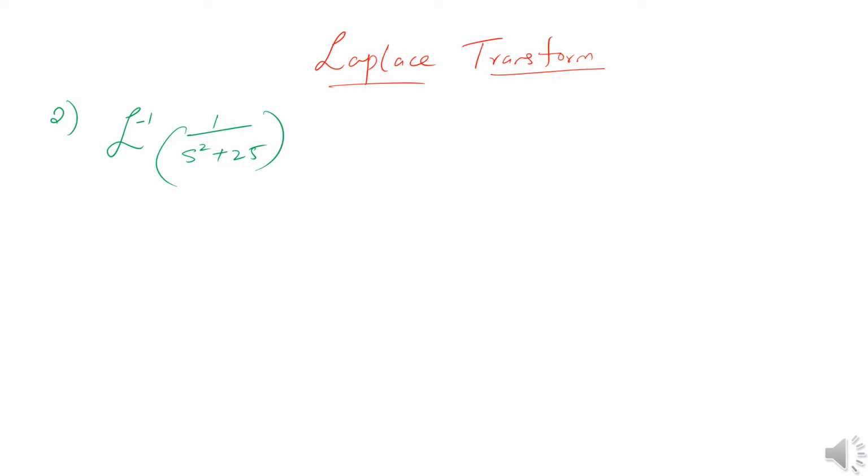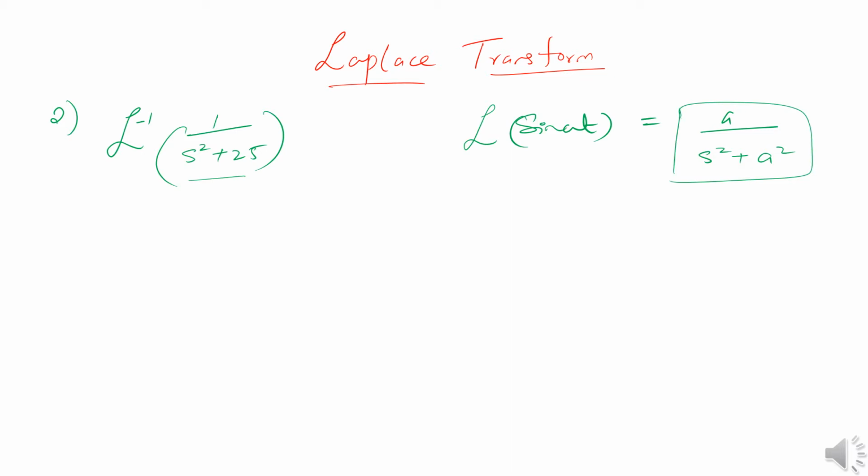Now if we look into this problem, we can see that it's of the form of sine t. When we take the transform of sine at, what we get is a over s squared plus a squared. Comparing this a squared with 25, we can say that a is equal to 5.